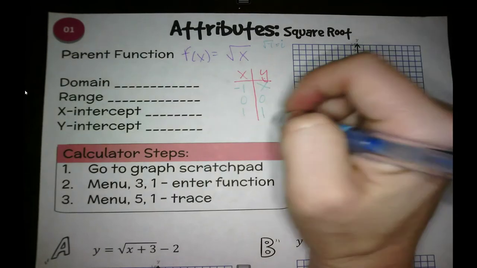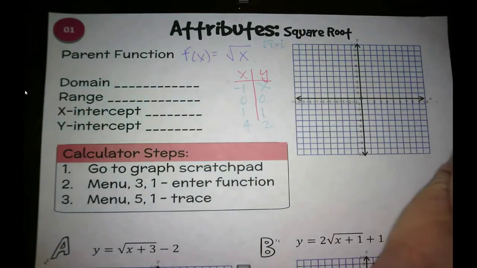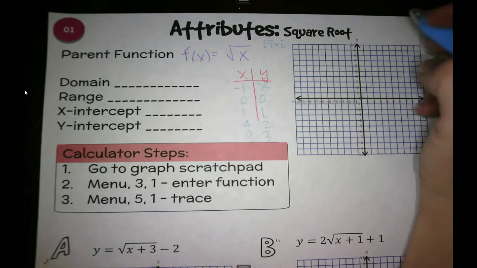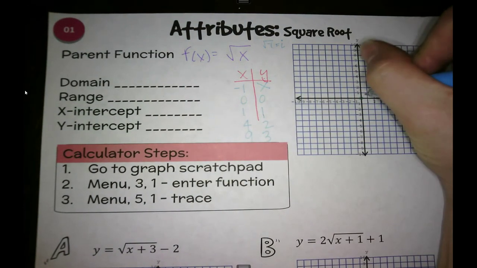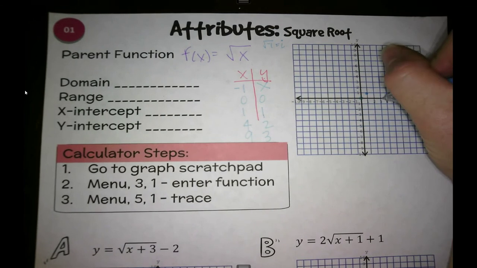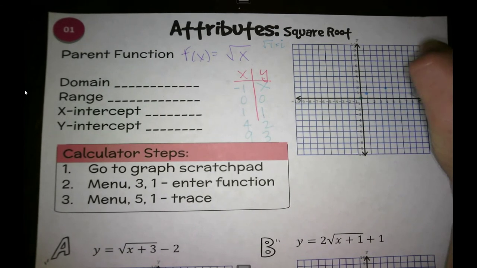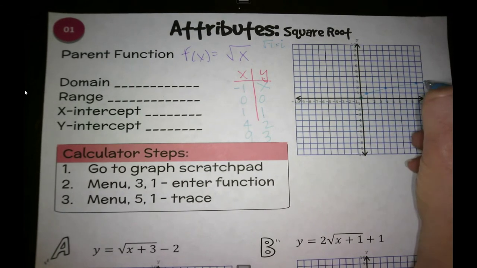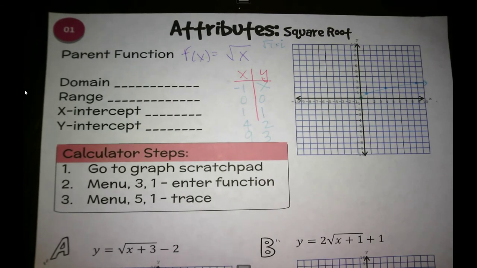So let's pick some perfect squares. I know that the square root of 4 is 2, and the square root of 9 is 3. So we got (1, 1), (4, 2), and (9, 3). Okay, that is what our parent function, the square root of x, looks like.